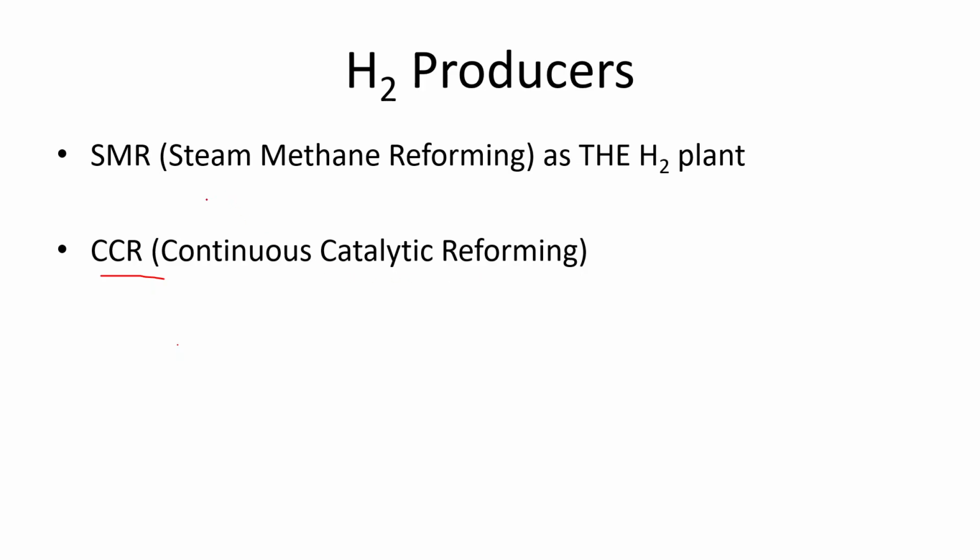Compared to that, we have the steam methane reforming unit, where we mix steam, which is obviously water, H2O, with methane. It's as simple as that. Steam plus methane makes what we call syngas, CO plus hydrogen.